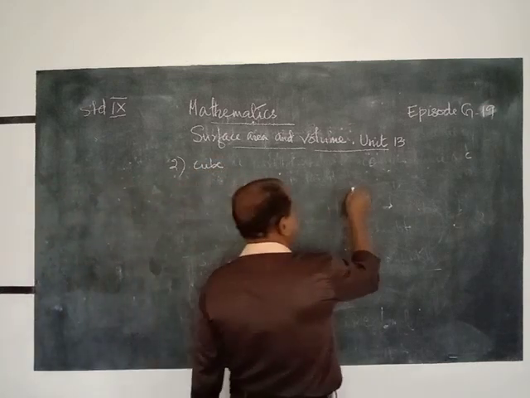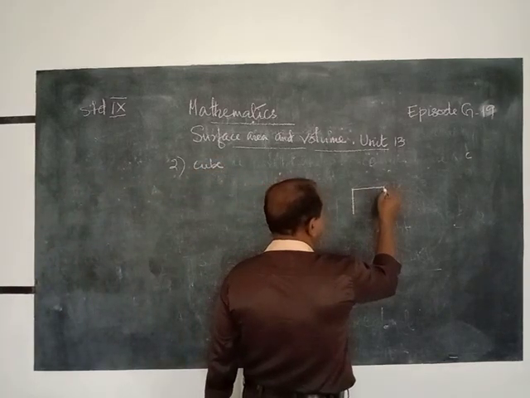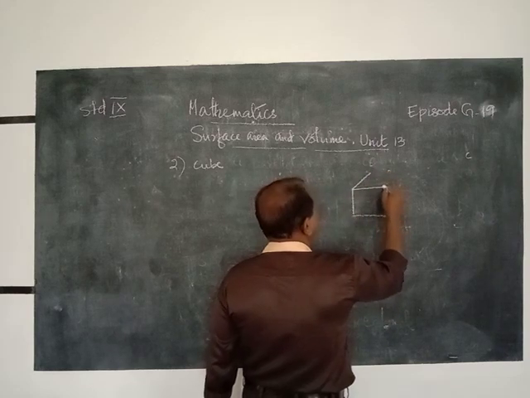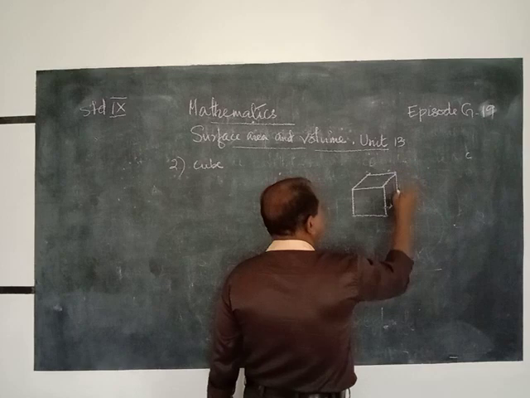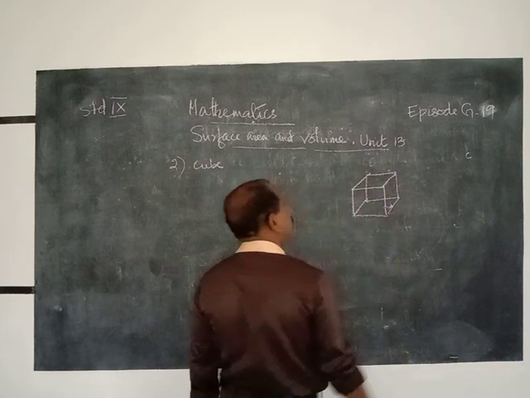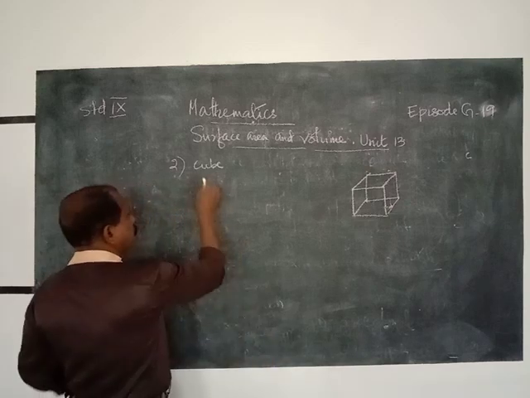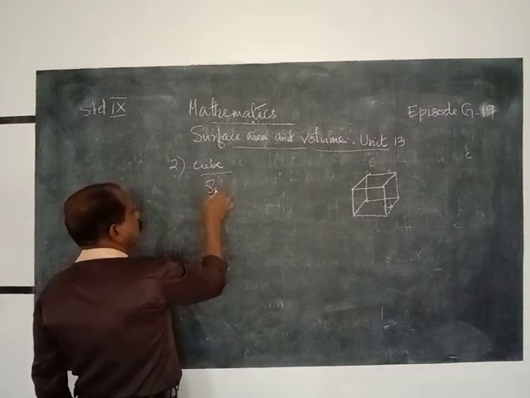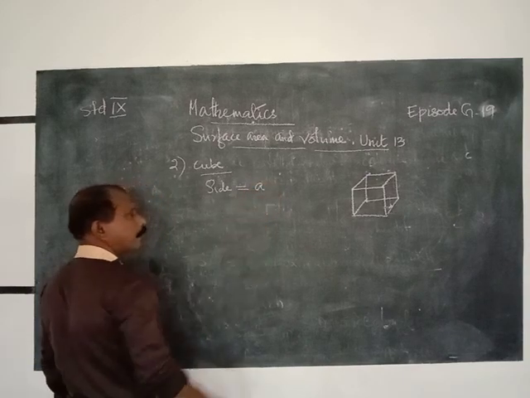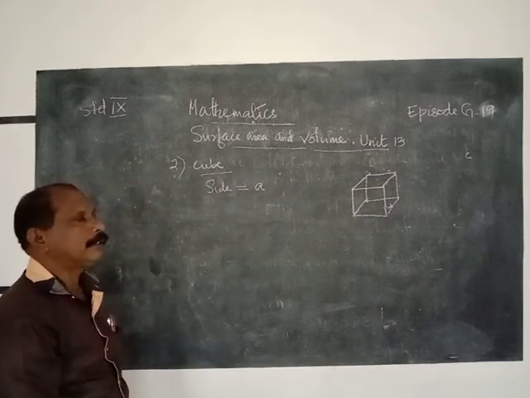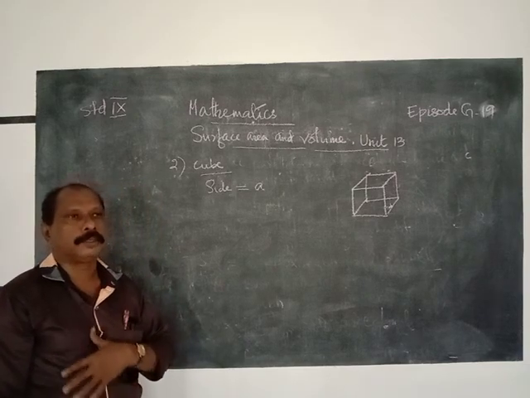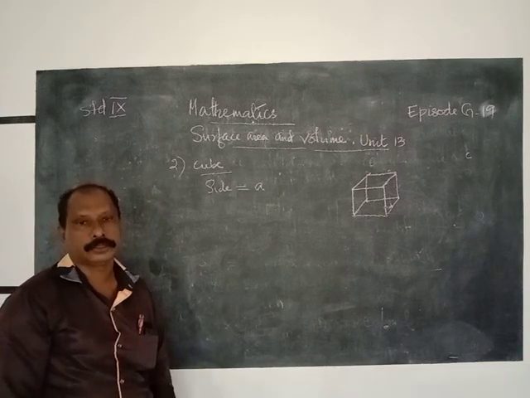That means all the measures are equal. All the sides are squares. It is known as a cube. Therefore, side of a cube is A. Then what is area? Length and width. L is A and width is A. Therefore, A and A is A square.